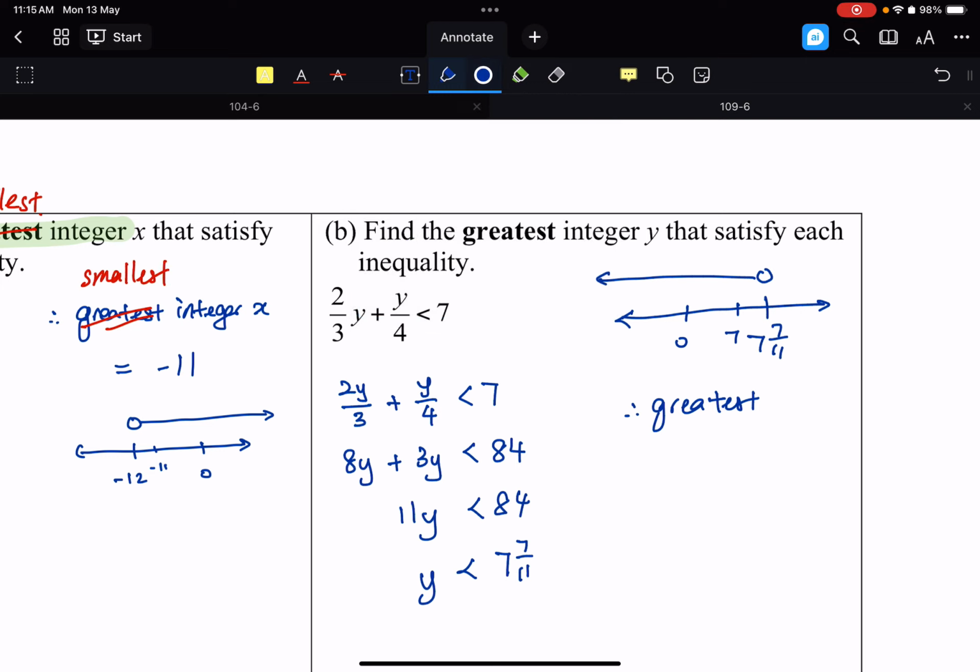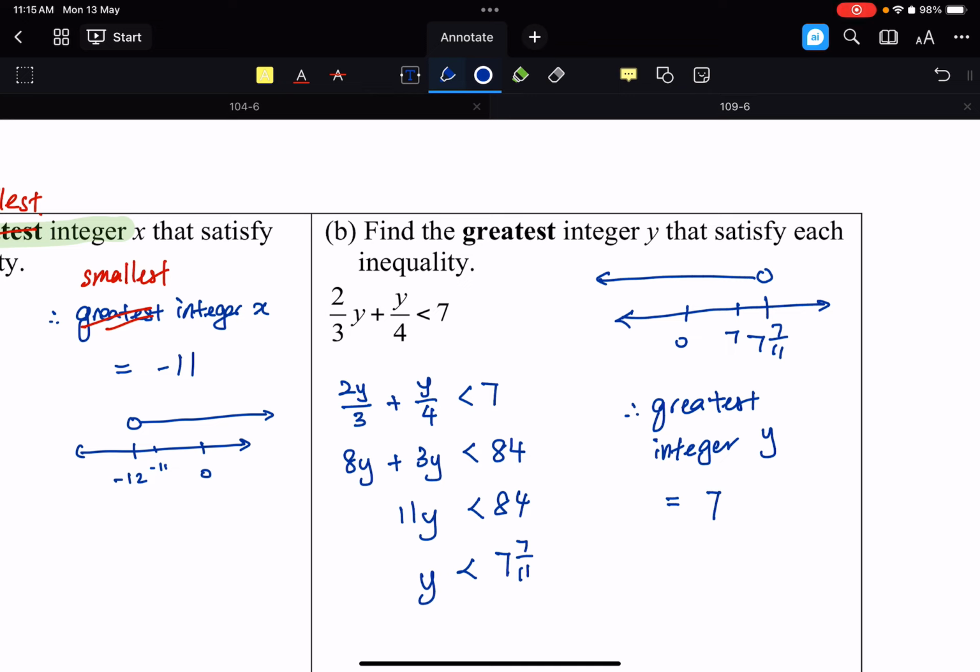Okay. Right, the greatest integer. Oops, my handwriting is terrible. Let's try again. Integer y is equals to, in this case, 7. Okay. So that's what we need to take note of.